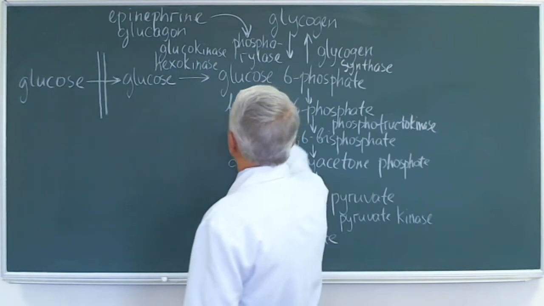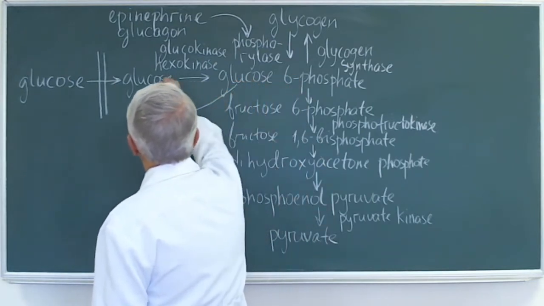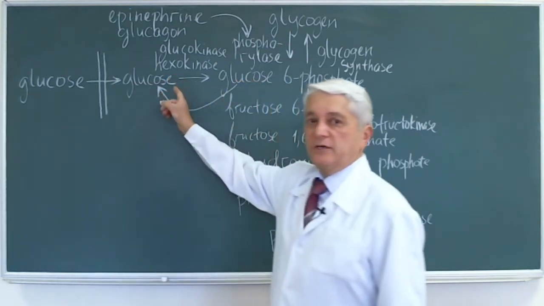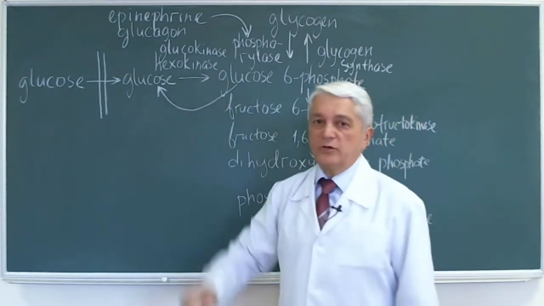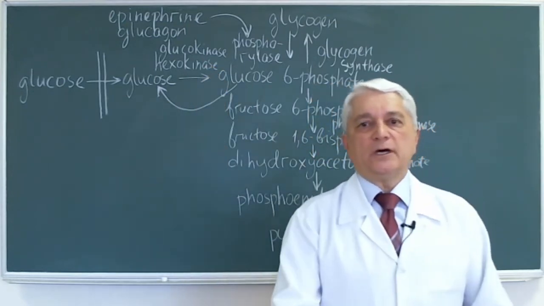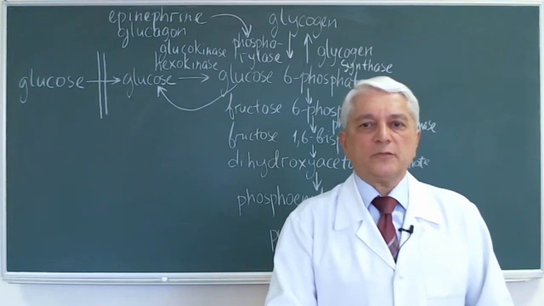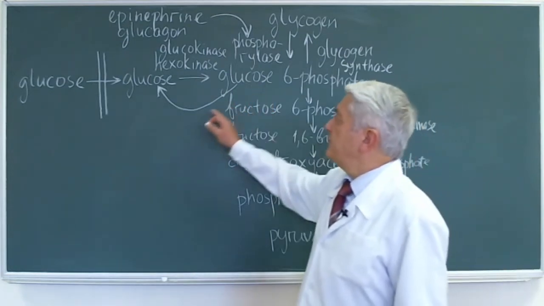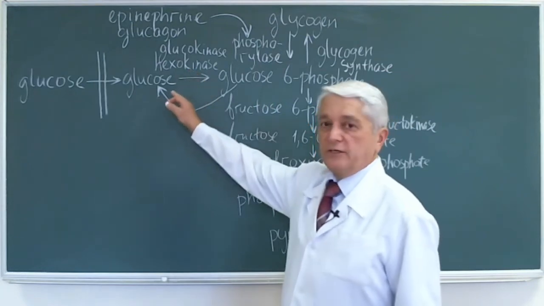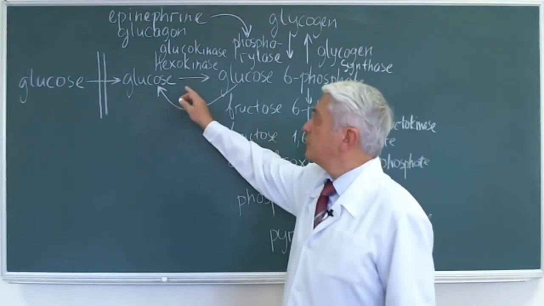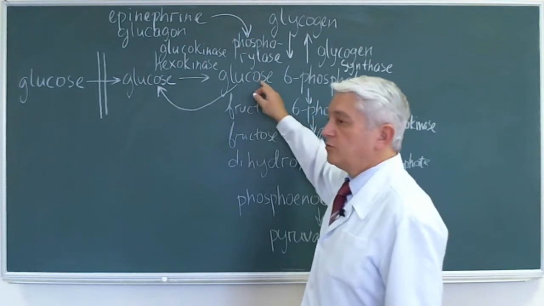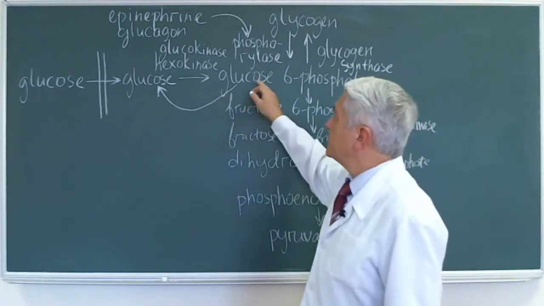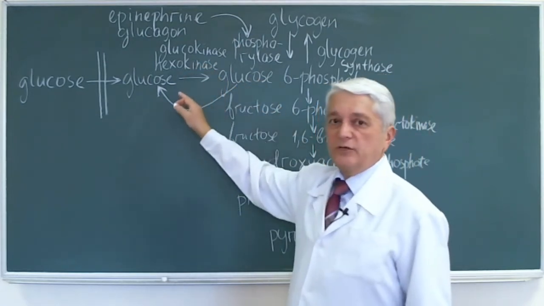Glucose 6-phosphate can be transformed to glucose, but not with enzyme hexokinase or glucokinase. For this we have different enzyme, glucose 6-phosphatase. So it is different from hexokinase. So reaction is irreversible because it can go only in one direction with hexokinase and glucokinase.